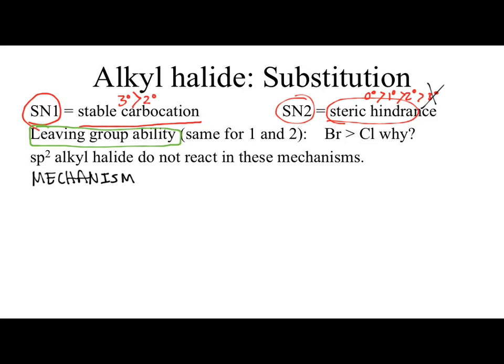The last big thing that you should have seen with these reactions is that sp2 alkyl halides did not react in either mechanism. So if we drew out some possible structures here to compare, we can make this fun.